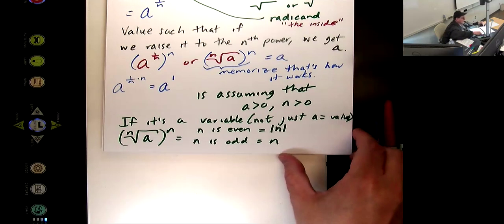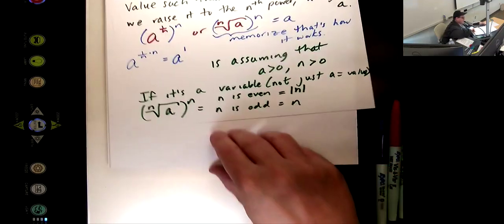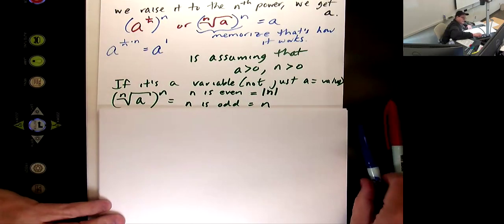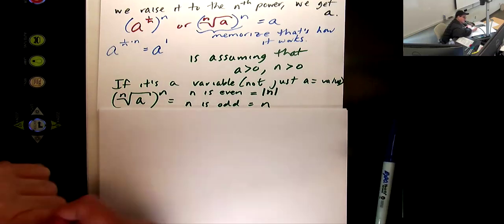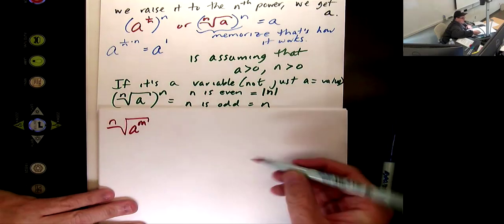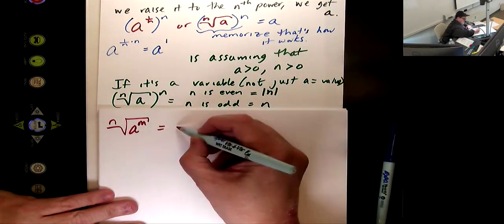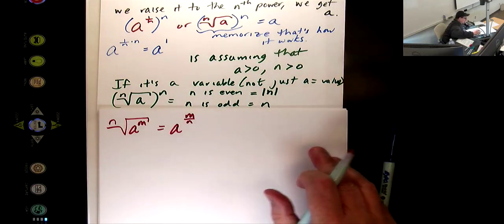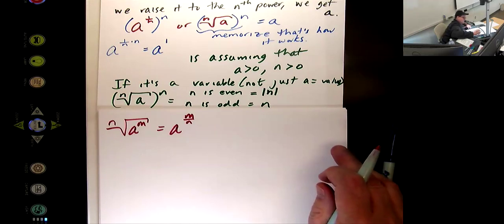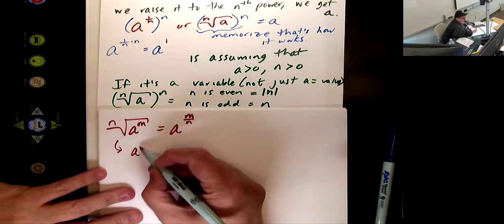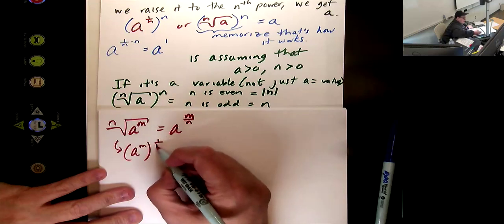But we need a little bit more reminders of the rules. So we're gonna do that. Now that was just A to the 1 over n, or the nth root of A. In general, if we have the nth root of A to the M, like there's an exponent in there, this is A to the M over N. Technically, I could write it as A to the M to the 1 over N power.